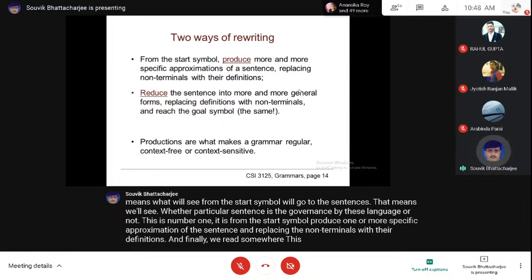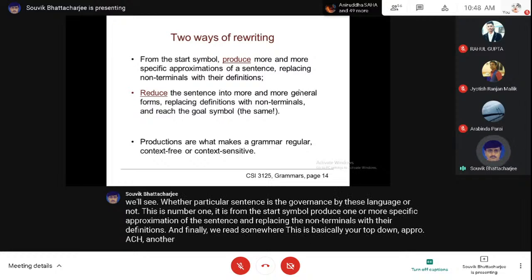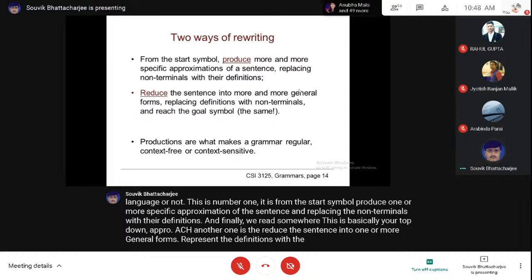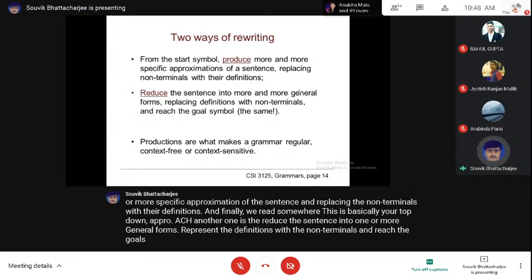This is basically your top-down approach. Another one is to reduce the sentence into one or more general forms, replacing the definitions with the non-terminals, and reach the goal symbol or the start symbol. This is basically the bottom-up approach.